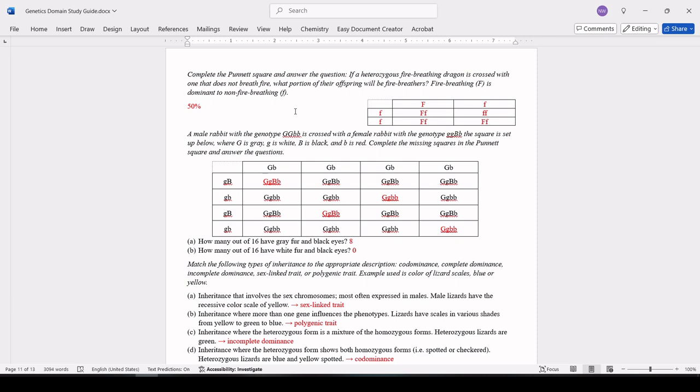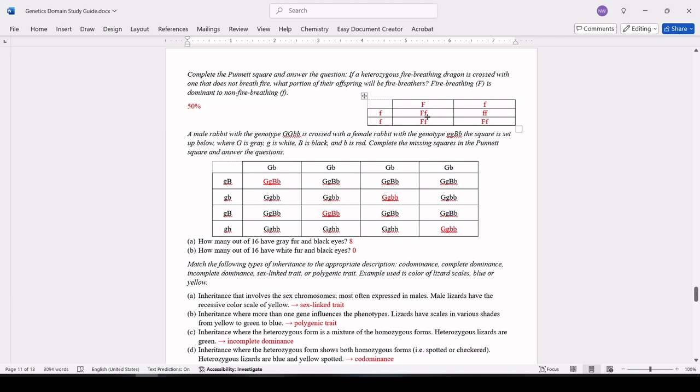It says here, if a heterozygous fire-breathing dragon is crossed with one that does not breathe fire, what portion of the offspring will be fire breathers? Fire breathing is dominant to non-fire breathing. Hetero means different, so one parent would be capital F, lowercase f, and you put them at the top here. The other parent is not breathing, so they are recessive, so 2 little f's, and you put them on the left here.